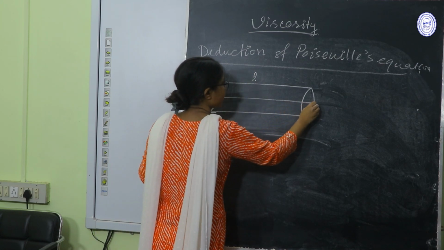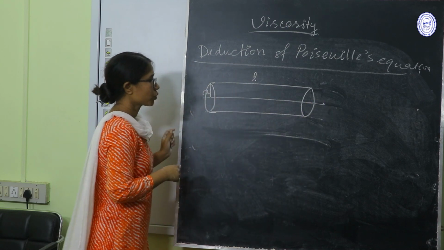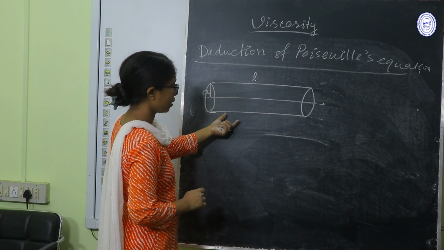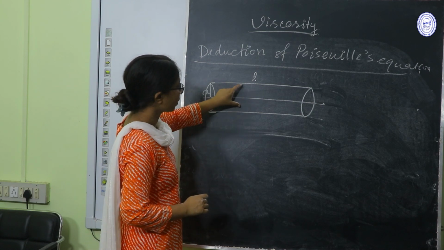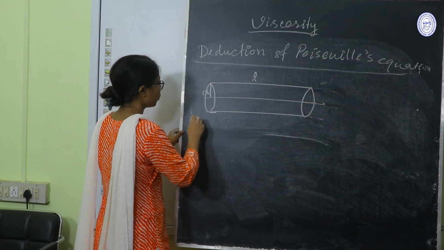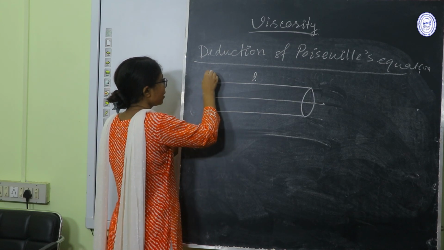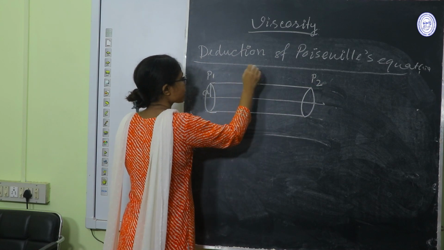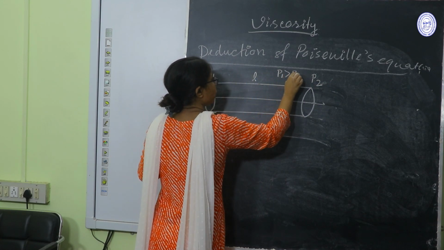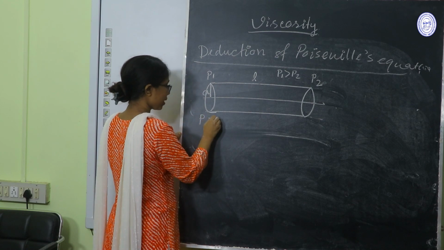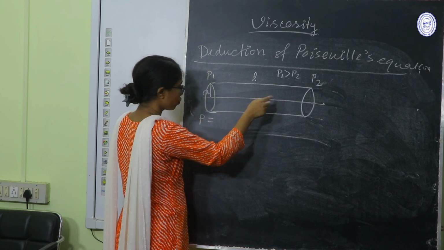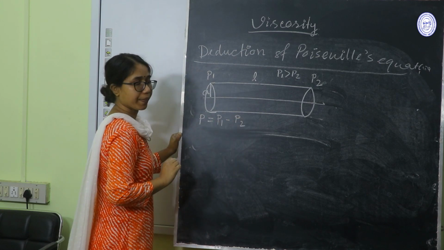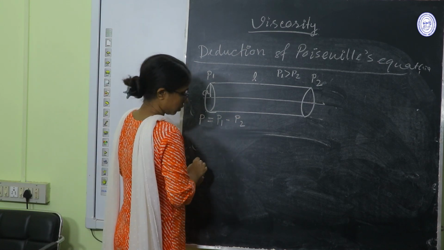This is the axis of the capillary tube. The pressure at this end is P1 and at this end is P2, and P1 is greater than P2. P is the constant pressure difference between two ends, P is equal to P1 minus P2.